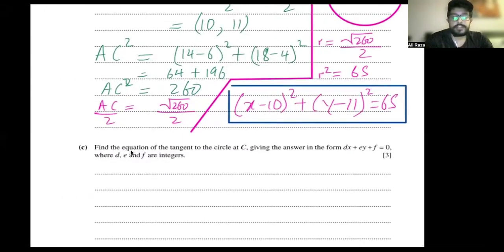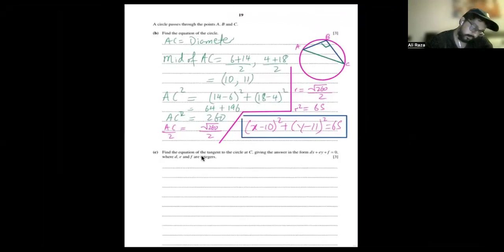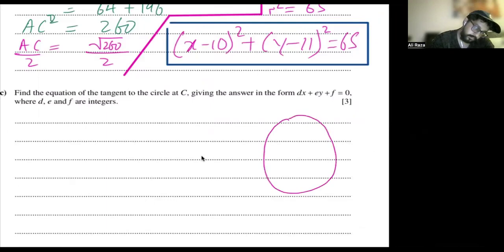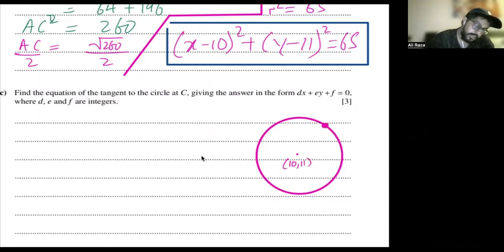In part C, we need to find the equation of the tangent to the circle at C, giving the answer in the form dx plus ey plus f is equal to 0. We have the center 10, 11. We have C over here as 14 and 18.